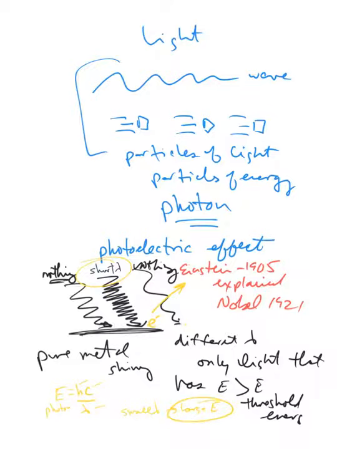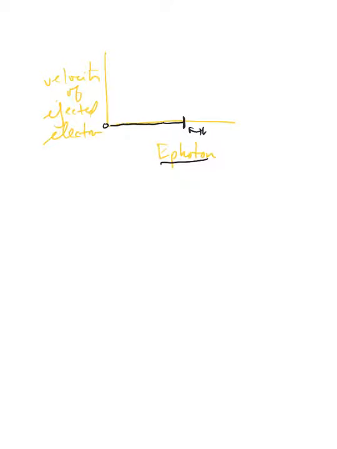Aha, that makes sense. So what I mean by that is, you could plot the velocity of the ejected electron versus the energy of the photon, and what we see here is that nothing will happen until you make the energy of the photon big enough so that, boom, that's the threshold energy.